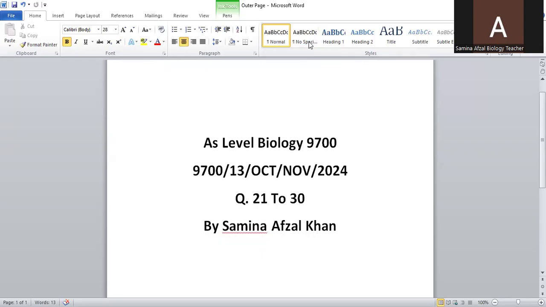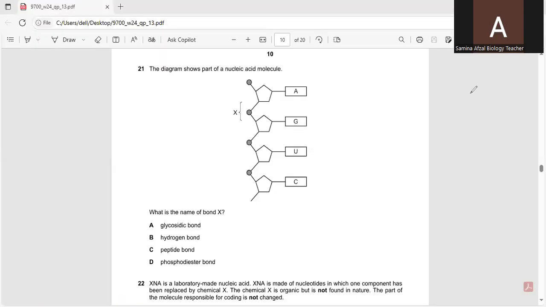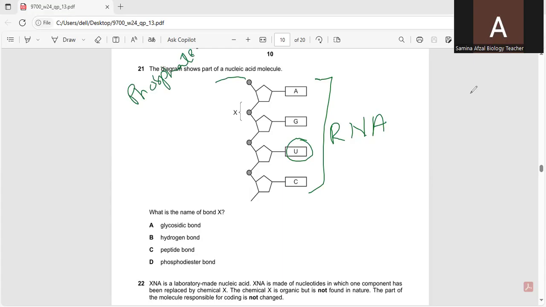So we will start from question number 21, and you can see on screen a nucleic acid molecule has been shown, and this nucleic acid molecule contains uracil. It means this is RNA. Four nitrogen bases have been shown, and on the other hand, a phosphate molecule and sugar have been shown in the form of the backbone of this nucleic acid molecule.